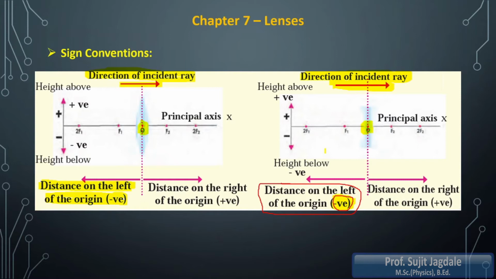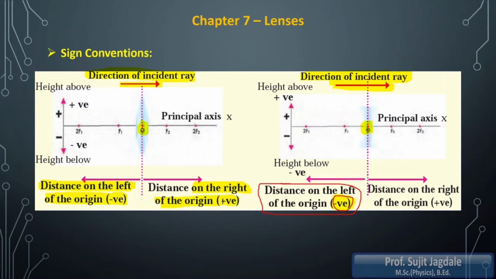That's why the object distance is always going to be negative according to our sign convention. Then in the same way, if I measure a distance on the right side of the origin O or optical center O, then such distances I take as positive.